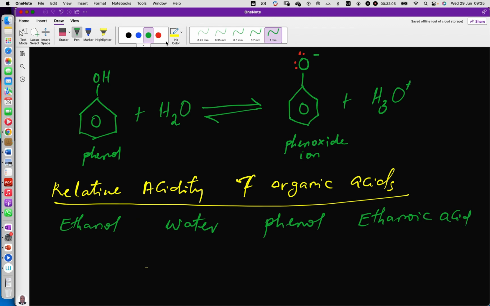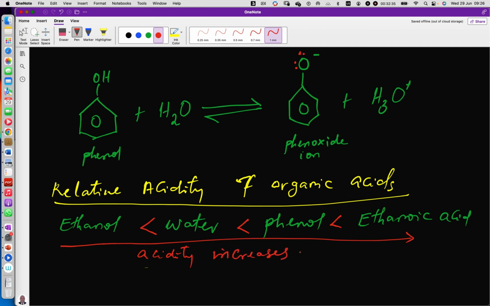From here, you will see that ethanol is less acidic, and the acidity increases from ethanol to ethanoic acid.